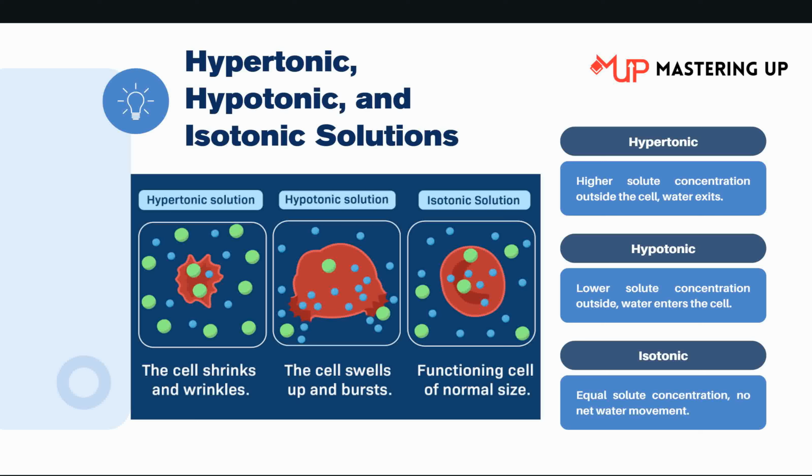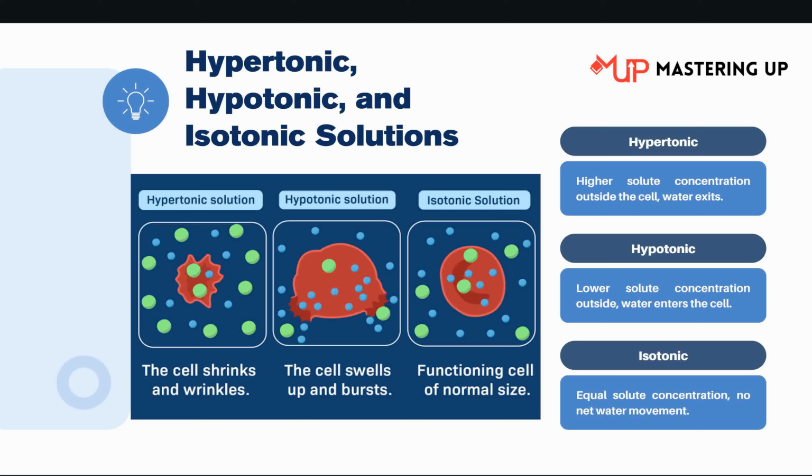Cells can be placed in different environments. In a hypertonic solution, water exits the cell, causing it to shrink. In a hypotonic solution, water enters the cell and the cell may swell or burst. Whereas in an isotonic solution, the water movement is balanced and the cells remain stable.